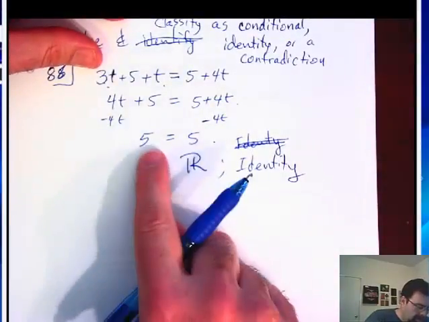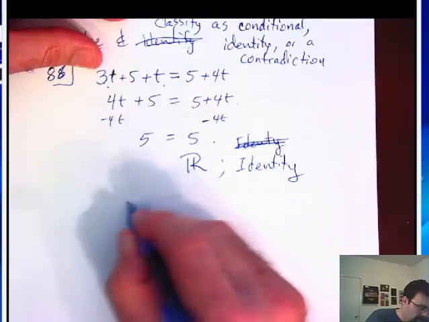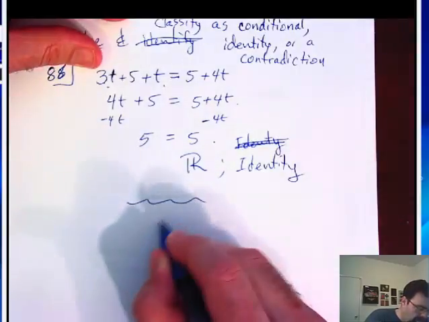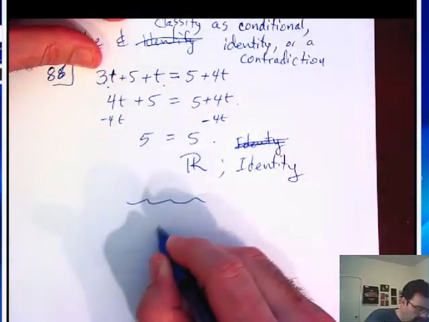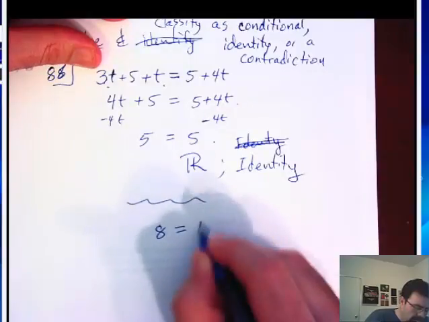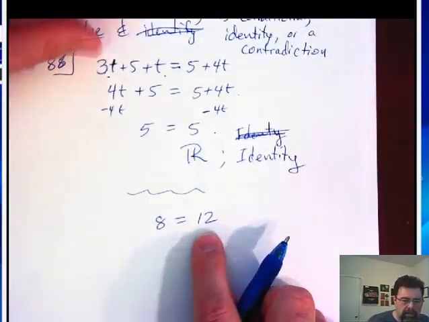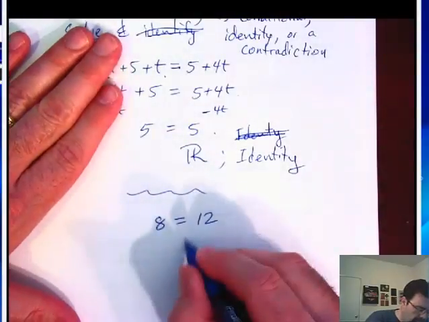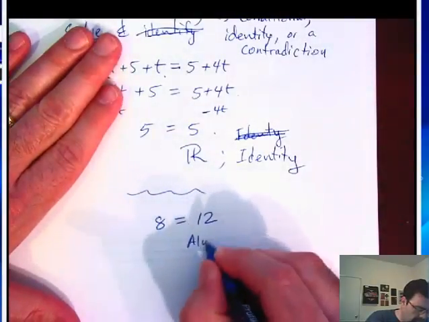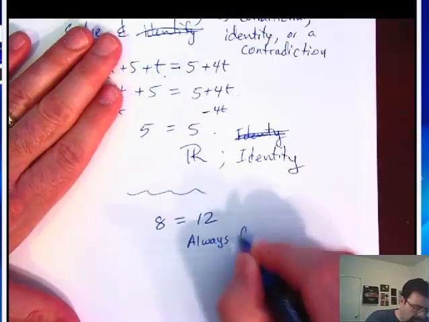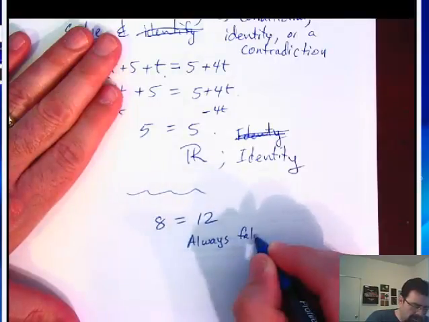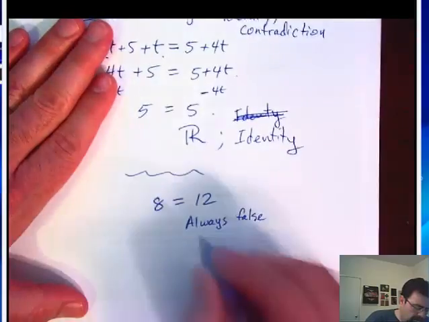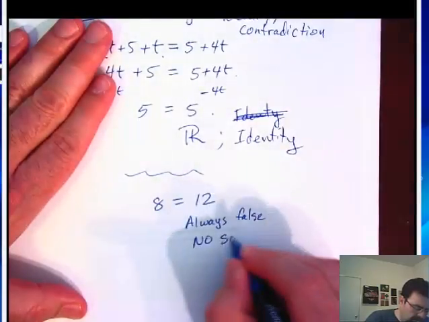Now, if you had an equation where you start out with something and the variables fall out and you ended up with like 8 equals 12, you say, hey, there's no variables in this equation anymore. So this is always false. Now remember, solutions are what makes it true. Well, if it's always false, it's never true.